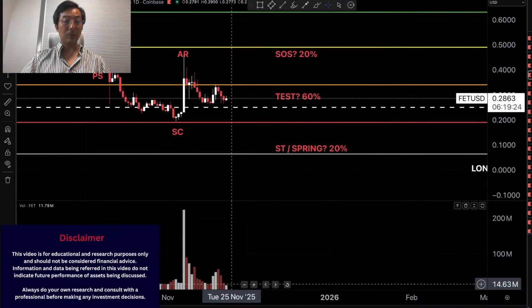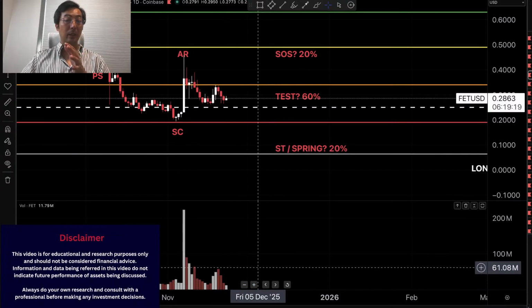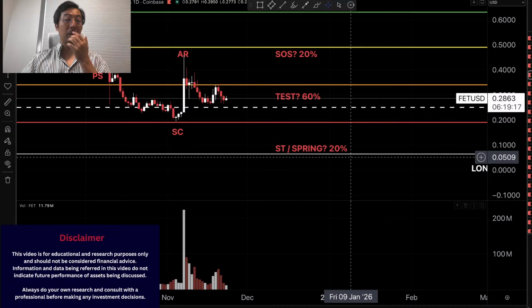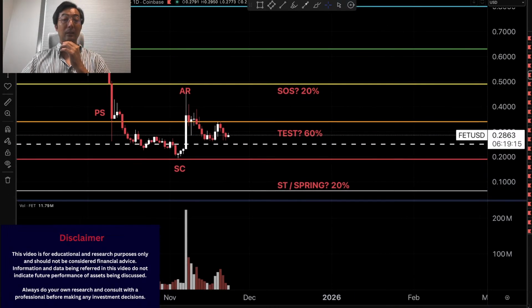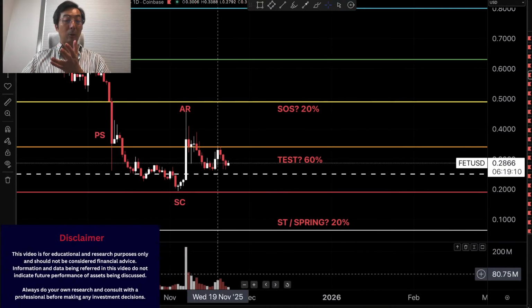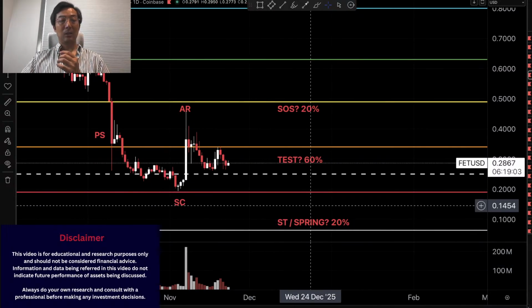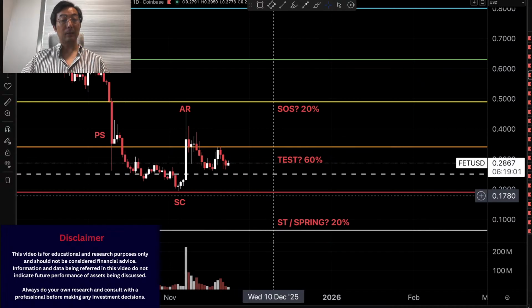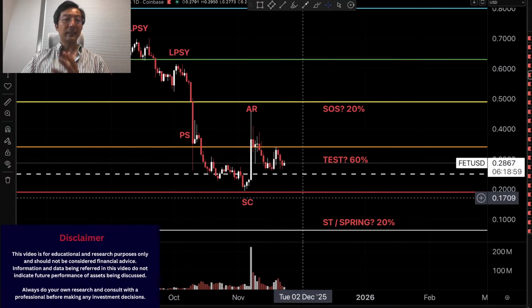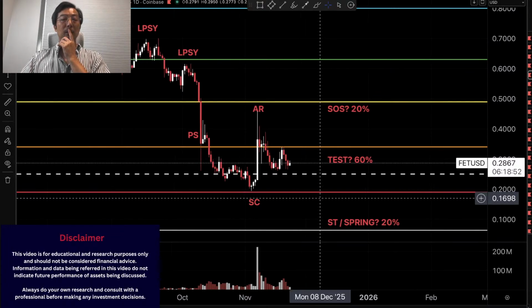Subsequently the volume declined, even during the climb today, but I'll give it a little benefit of the doubt because it's Sunday. When we get back to the weekdays, let's see whether the volume will pick up again like what we had on Tuesday and Wednesday, 18th and 19th. When we look at the daily chart, yes, it's a bit more noisy, but we'll be able to tell a little bit more.